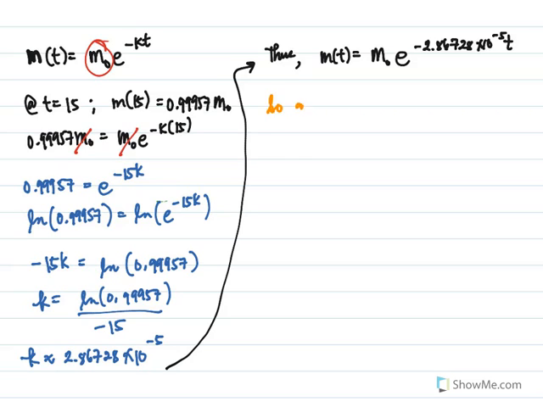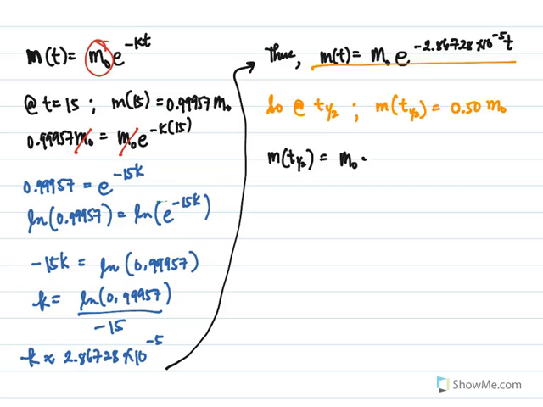So, at t sub 1 half, which translates to m of t sub 1 half equals 0.5 m naught, using this general solution, we have m of t sub 1 half equals m naught e to the negative 2.86728 times 10 to the negative 5 times t sub 1 half, or that will be 0.5 of m naught.